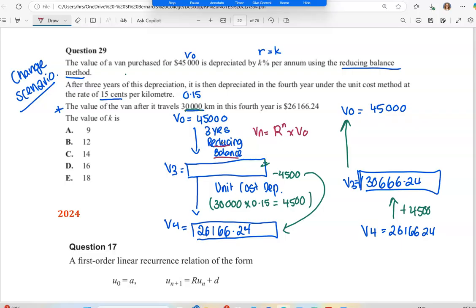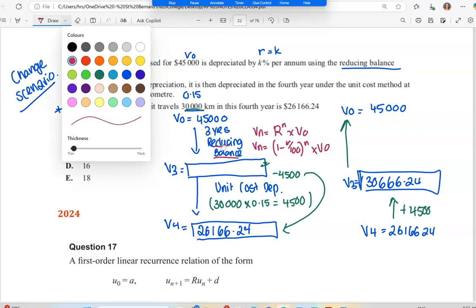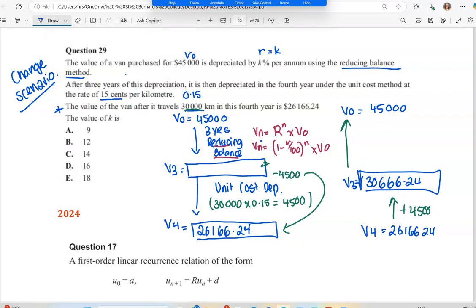So it's 1 minus the rate over 100, to the power of n, times V0. That little r is our question, but I have everything else, because I'm going to use V3 in that formula.